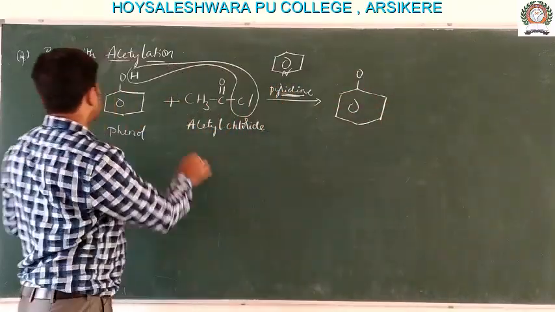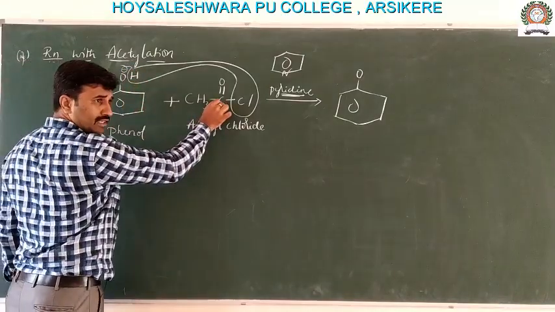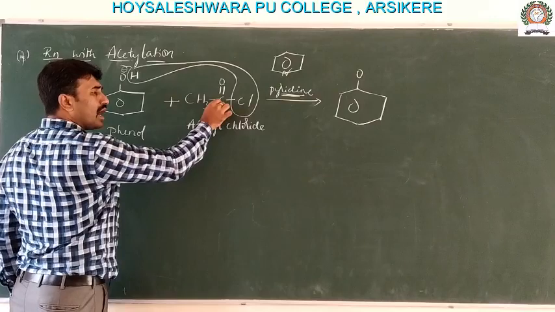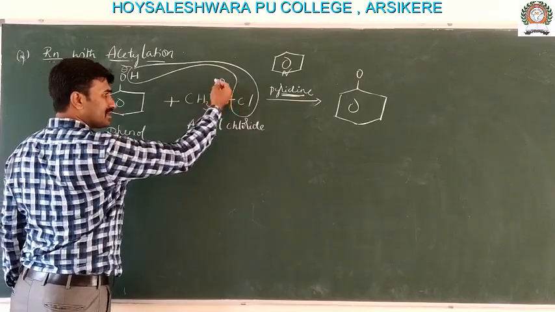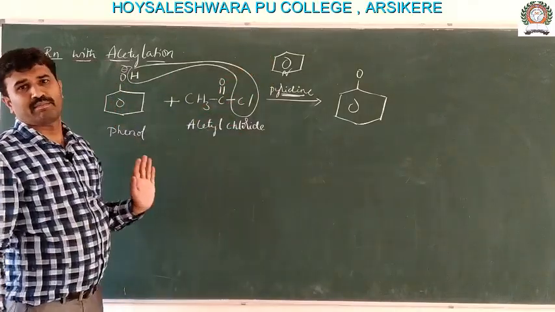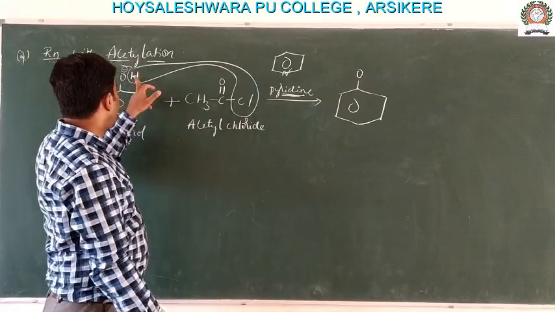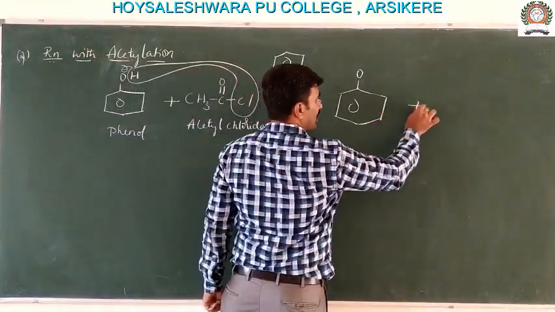O minus will attack this electrophilic carbon. After attacking, the pi bond polarizes and again depolarizes with the elimination of what? Chlorine along with this pair of electrons. See, this is H plus and this is Cl minus, combines to form what?